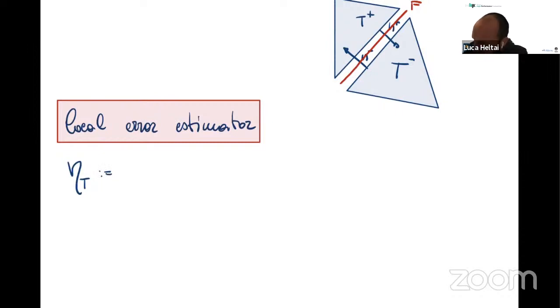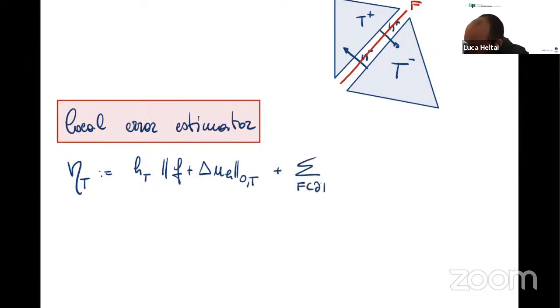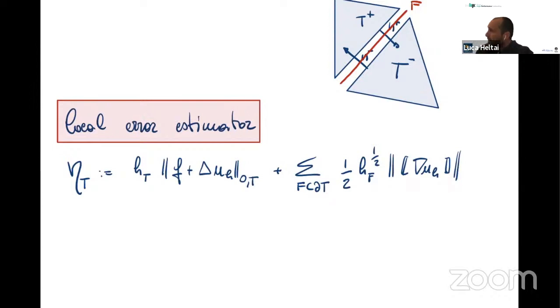And eta_T is defined as h_T times the L2 norm of the residual on the cell, plus, and here now we don't need to specify whether F is on the boundary or not, the sum over all the faces which are on the boundary of T, with a term that is 1/2, and then h_F to the power 1/2, times the jump of the gradient of u_h. The jump of the gradient that you see here is a scalar, and it's the jump of the normal derivative across the faces, in the L2 norm on F.